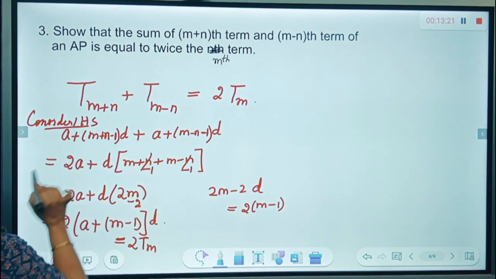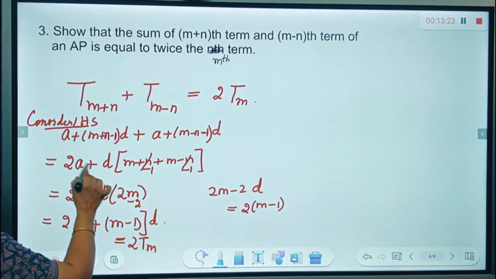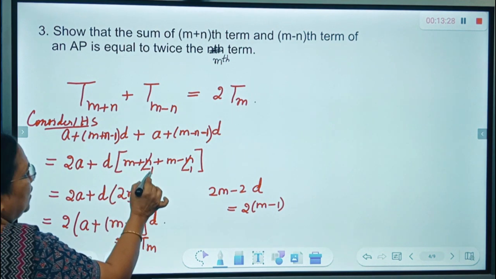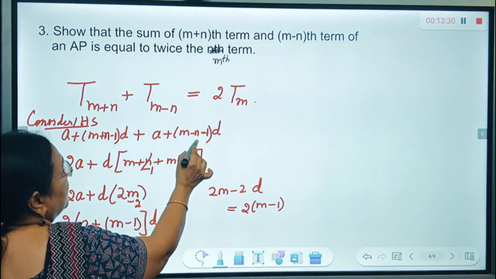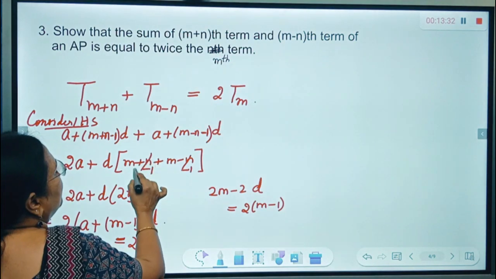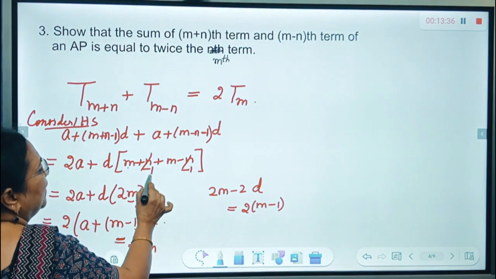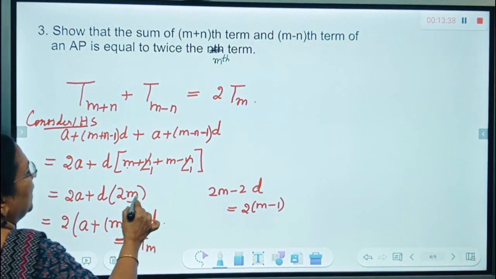A plus a is 2a. Collecting the coefficients of d, then you will get m plus n minus 1 plus m minus n minus 1. So your plus n and minus n gets cancelled, giving you m plus m minus 1 minus 1, that is 2m minus 2.